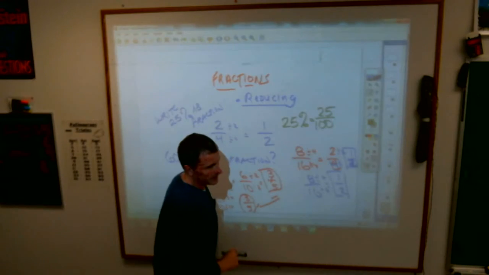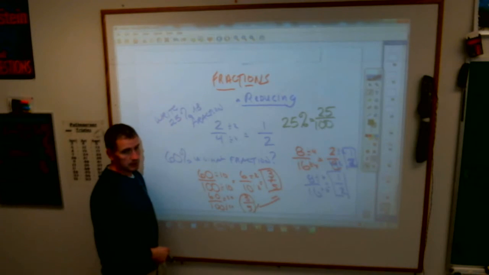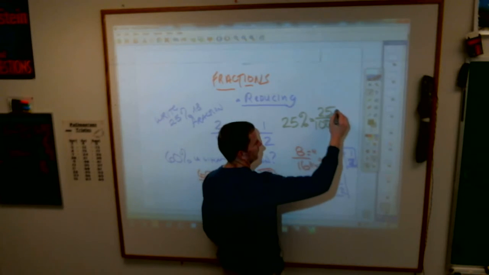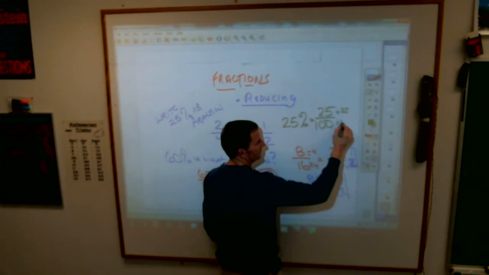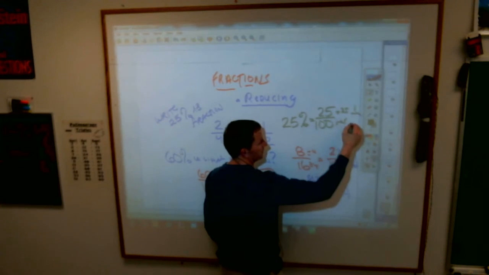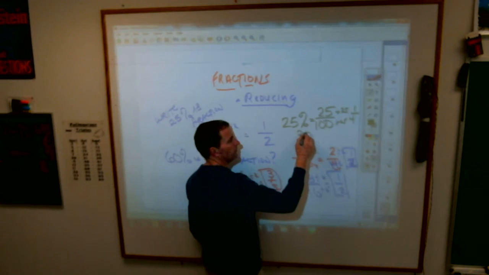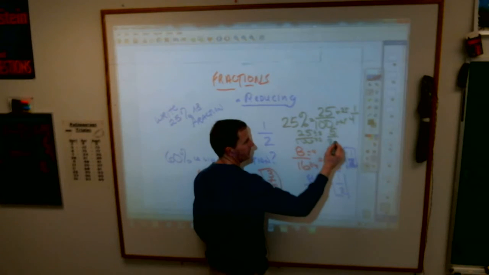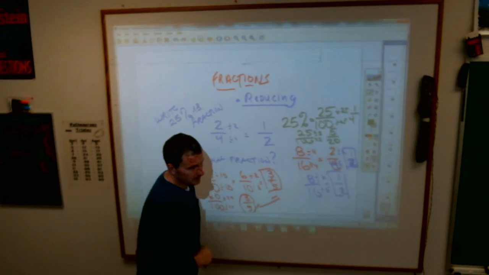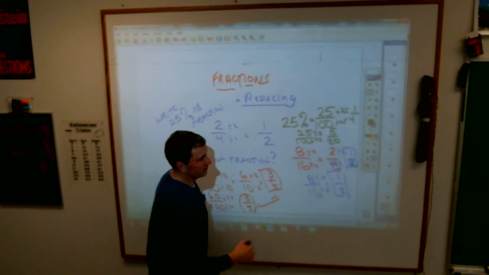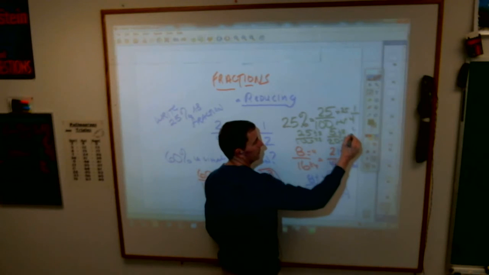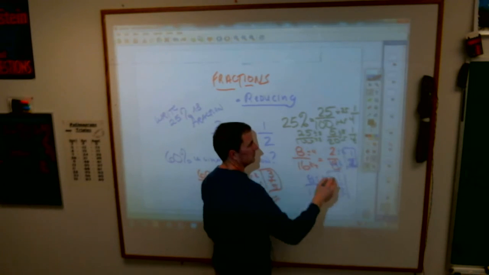What can you divide 25 and 100 both by? Cassie? Yeah, 25 goes into both of them. Some of you may have done 25 divided by 25 is 1, 100 divided by 25 is 4. If you did 5 right off the bat, that's fine. You just have to know that if you get 5 over 20, that can be reduced again by what number? 5.